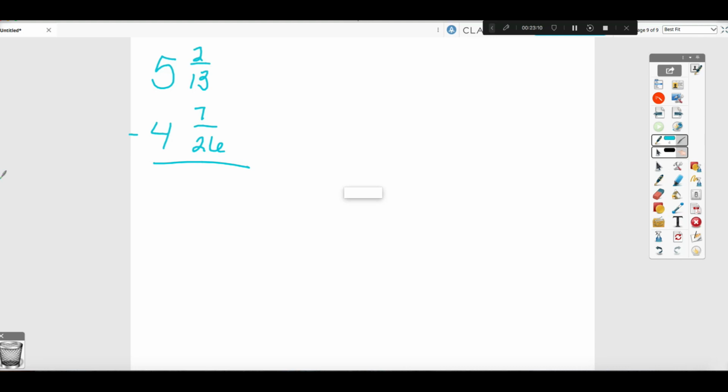We have to have a common denominator. Between 13 and 26, what's that going to be? 26. So I have to take this fraction times what? Whatever I do to the bottom, I have to do to the top. So I have 5 and 4/26 minus 4 and 7/26. It's a hard one just for you, Austin.